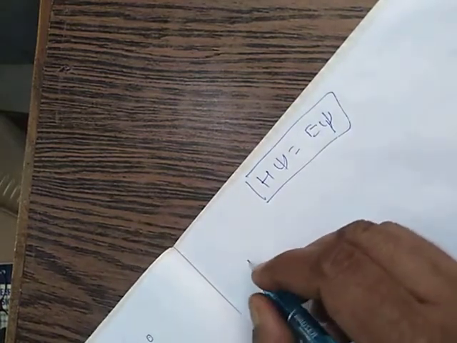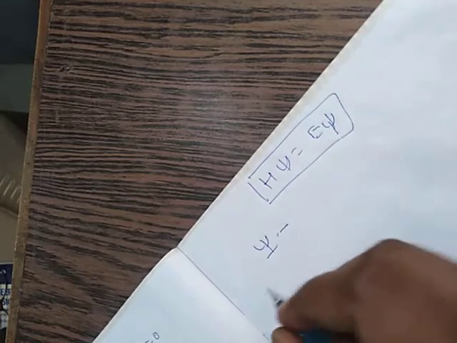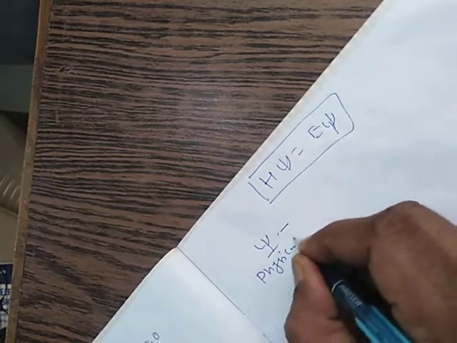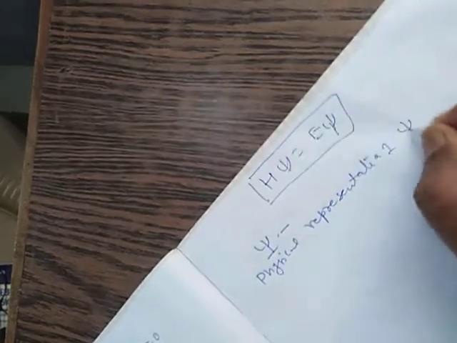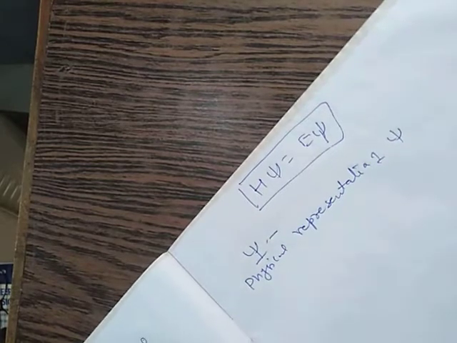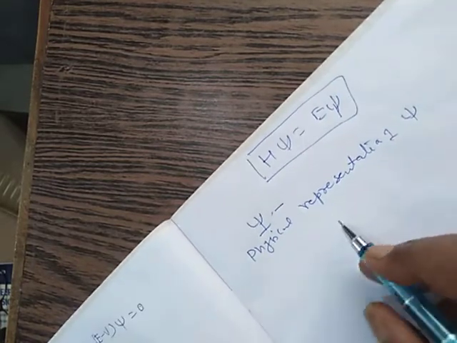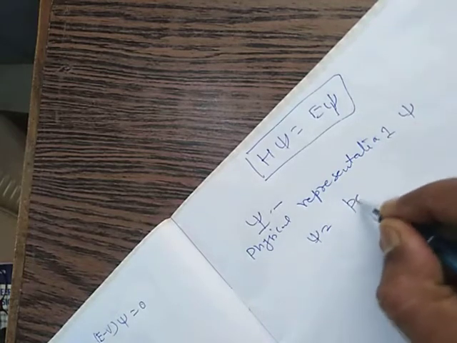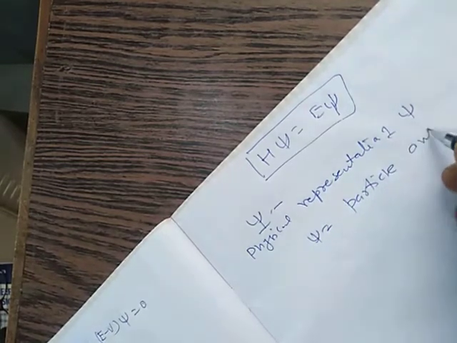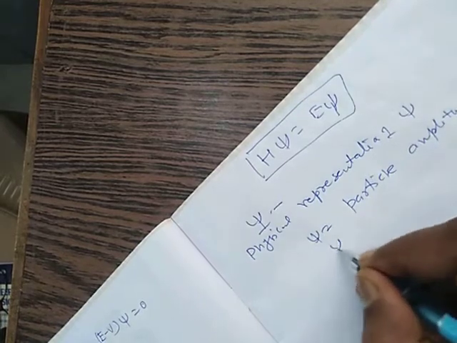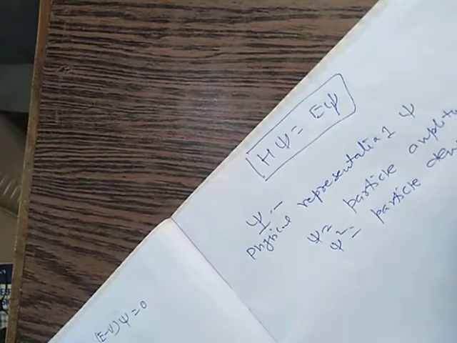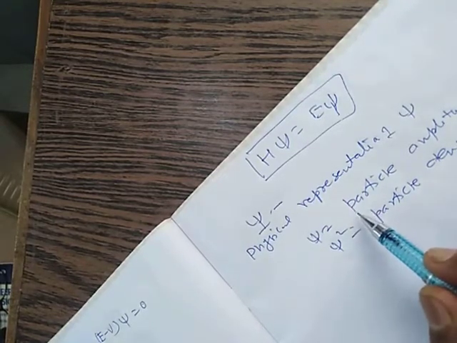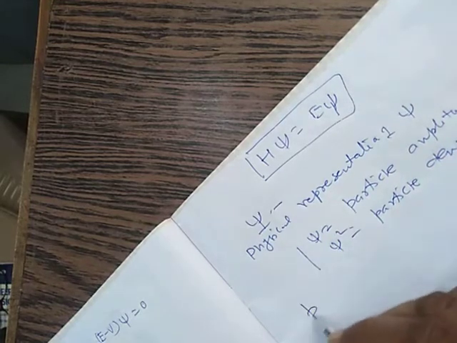Now in this equation, whether it is time dependent or independent, the important point is what this psi represents. So, the physical representation of psi, the wave function. According to Schrodinger, initially, this psi was the particle amplitude and psi square was the particle density, because the Schrodinger equation is written for particle.